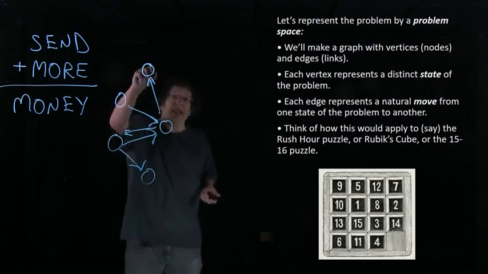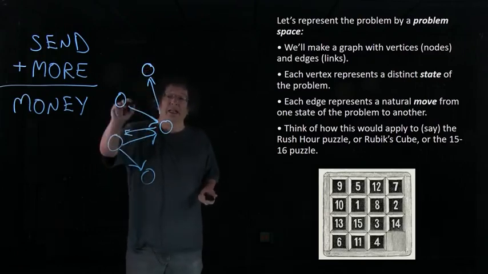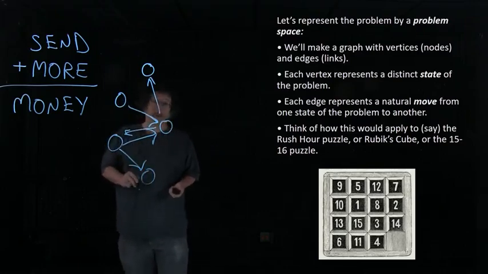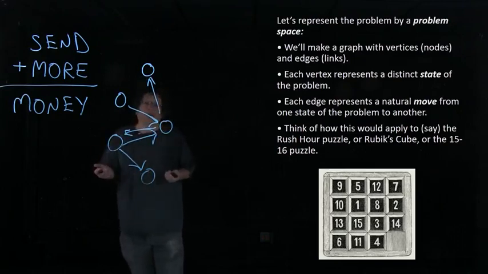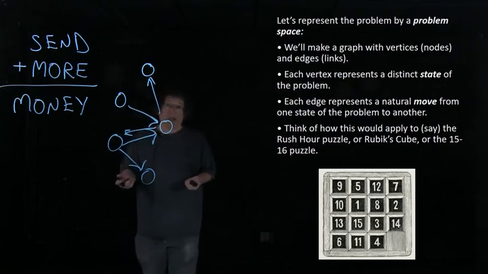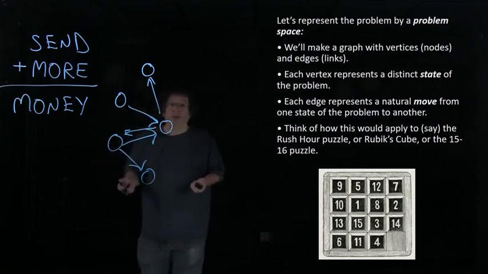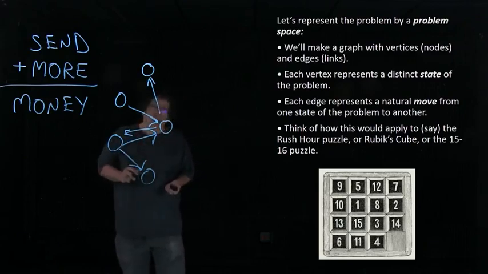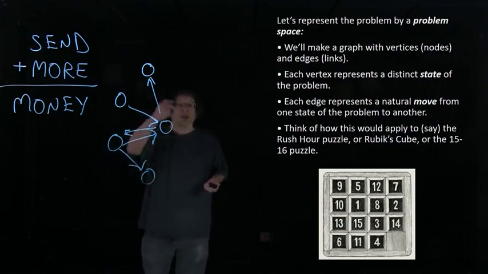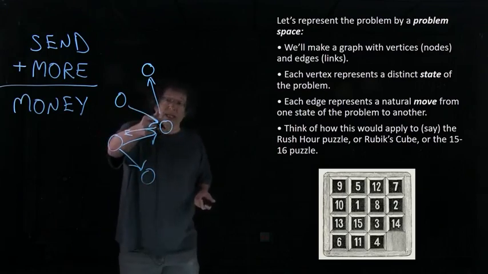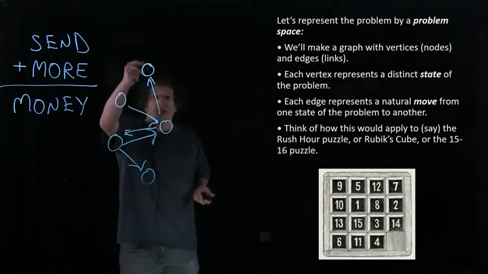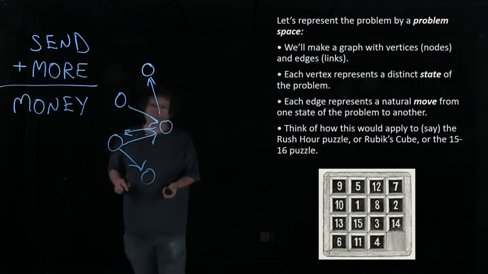And each state, each unique state, is designated by a vertex in the graph. Edges between vertices represent what we naturally think of as moves in the puzzle. So if we were to move in this 15/16 puzzle that I show here, if we were to move the 14 tile one space down, that would change our state from one particular state in the problem space to a nearby state in the problem space.